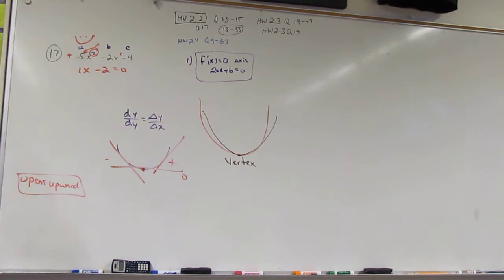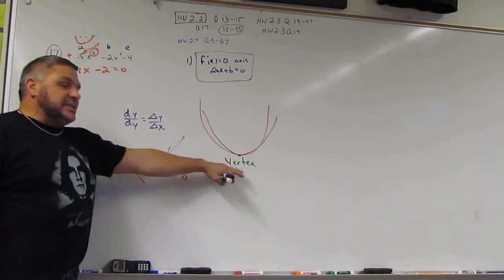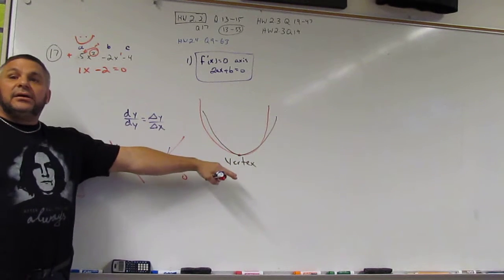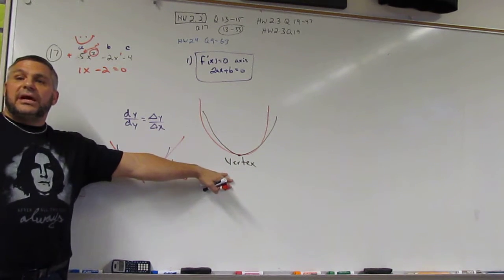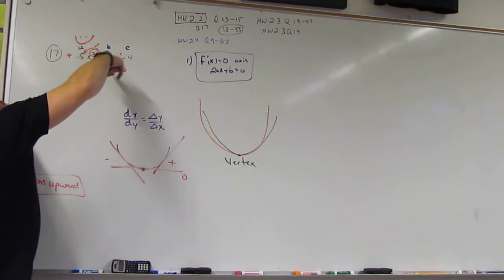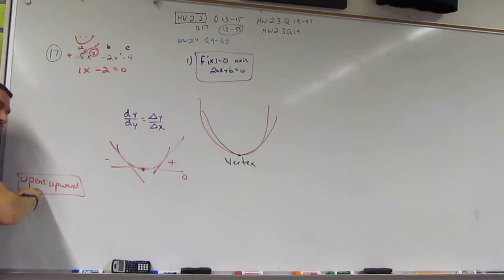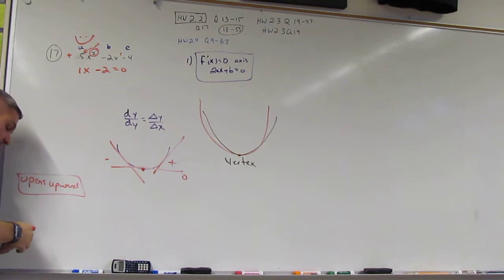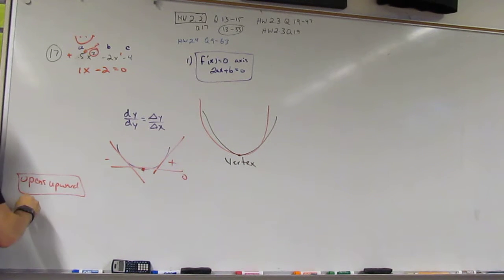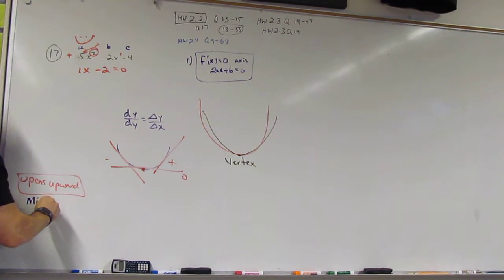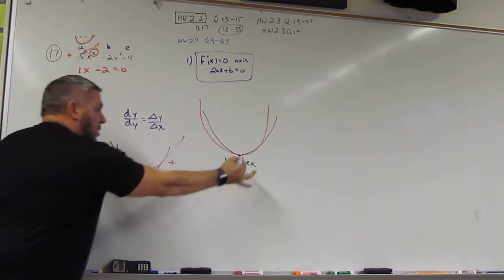Exactly. So the vertex is, in this case, the minimum value, because if it opens upward, then we're talking about a minimum, the lowest point.